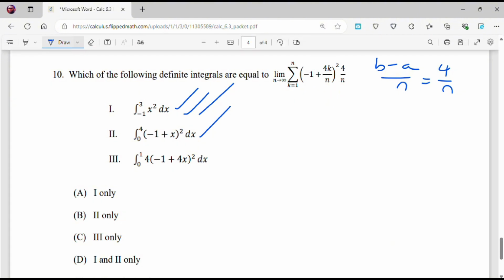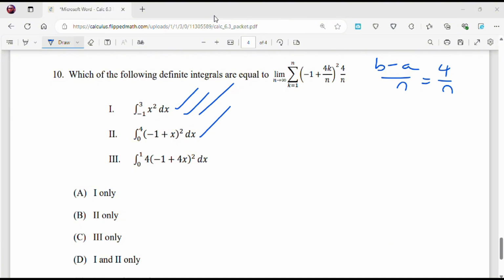So 2 has the upper limit as 4 and lower limit of 0. So essentially, it's basically the same thing as 1. We just have a shift with the -1. One way you can think about 2 and 1 being the same is think of them as a transformation.